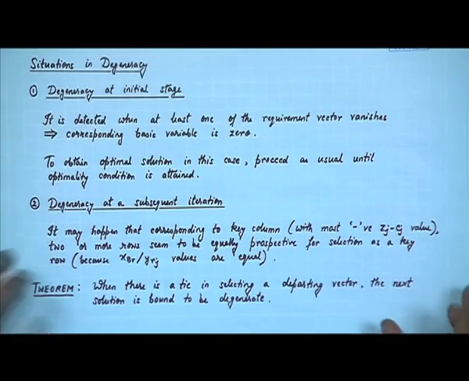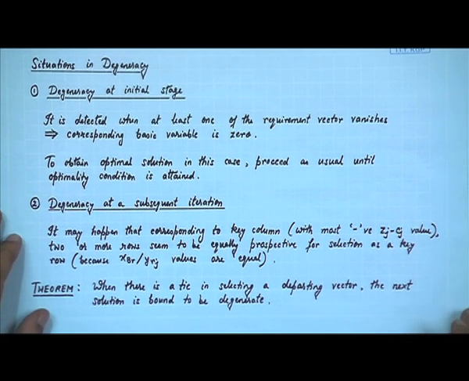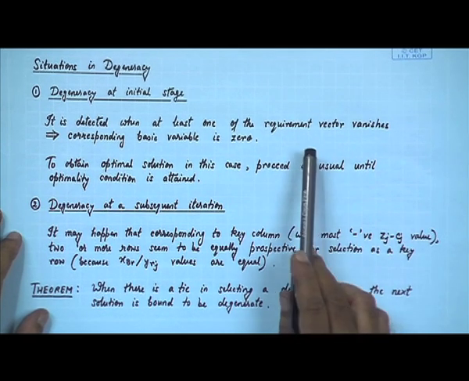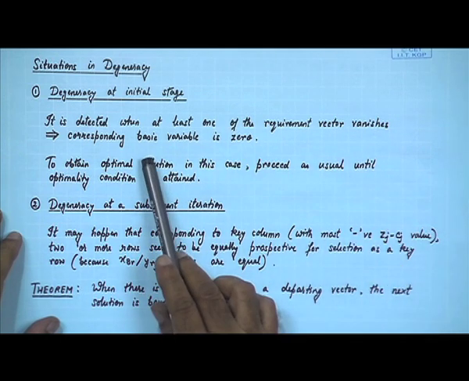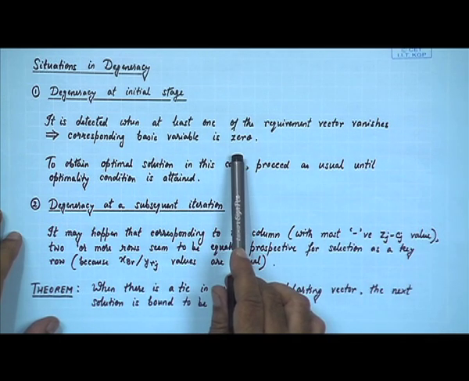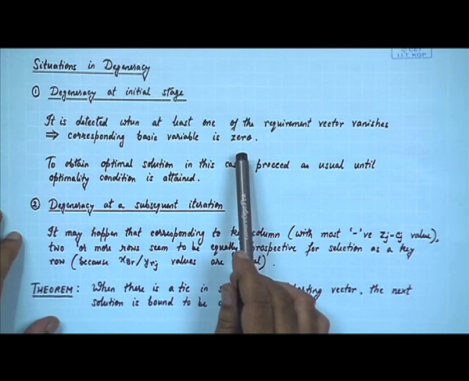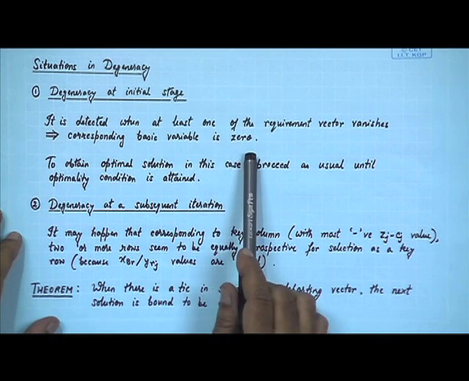Now, situations in degeneracy. Basically, two types of situations may occur. The first is degeneracy occurring at the initial stage itself. It is detected when at least one component of the requirement vector vanishes, that is, the corresponding basic variable value is 0. So, initially, when I have formed the basis, I find that one of the basic variables is 0.